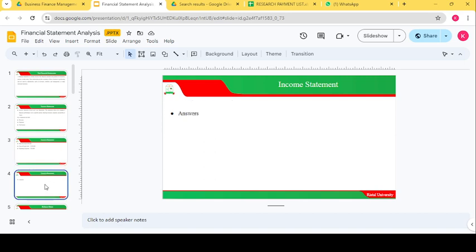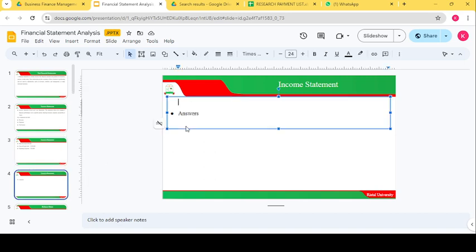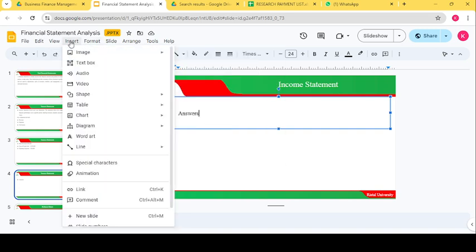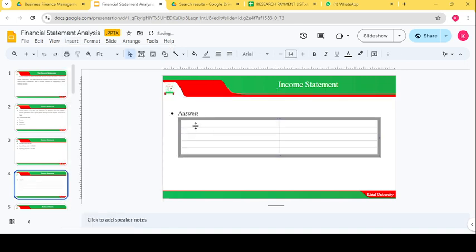So what we do, we come up with a table. We are going to come to insert, and then we insert our table. So table, let me take 2 columns. So I need 5 rows, and then here I'm going to put our revenues.